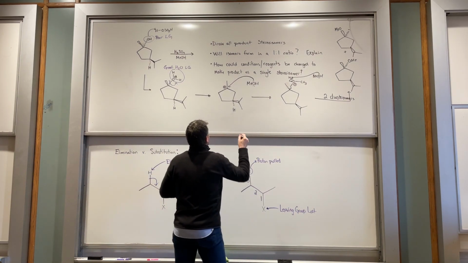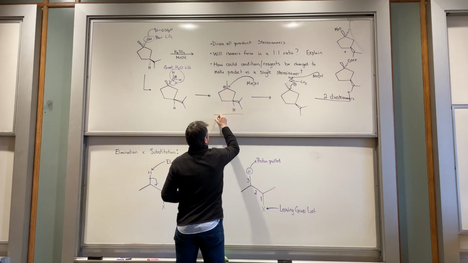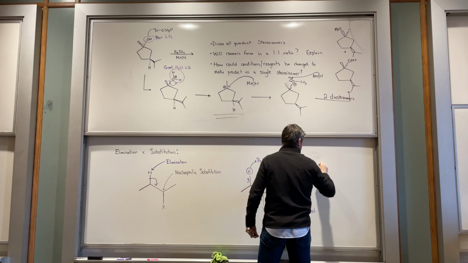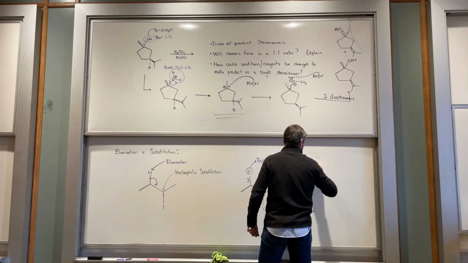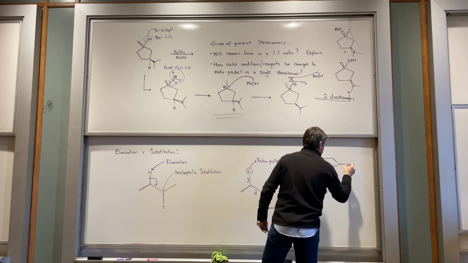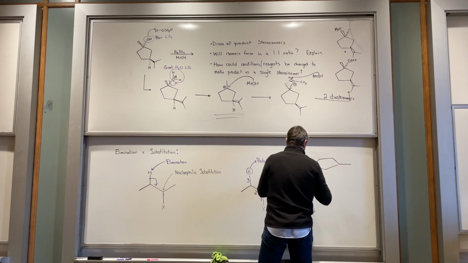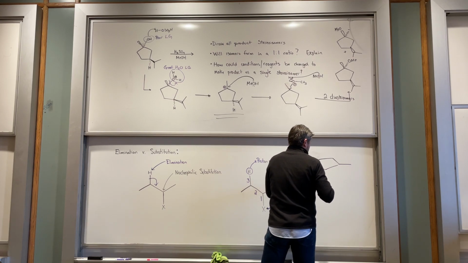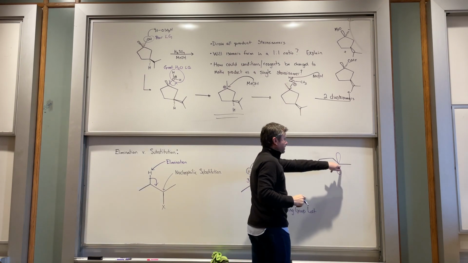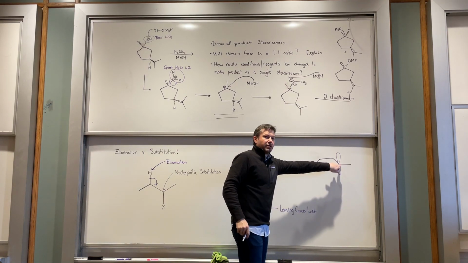Right. And we're going to think about the structure of this intermediate here. We're going to try to draw this in 3 dimensions. So here is the orbital that we need to interact with, right?